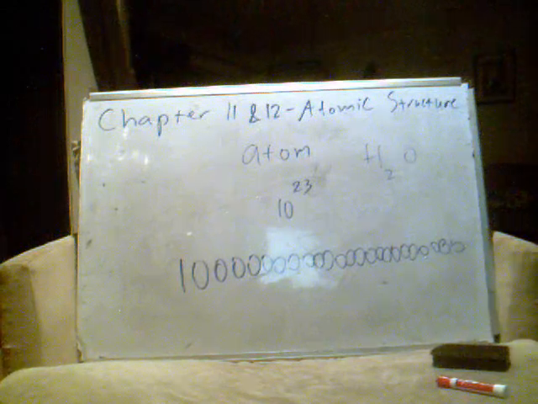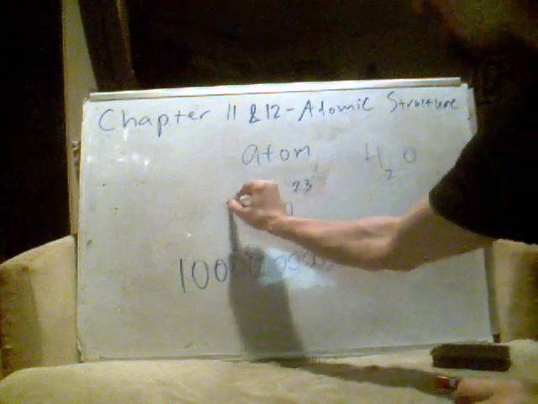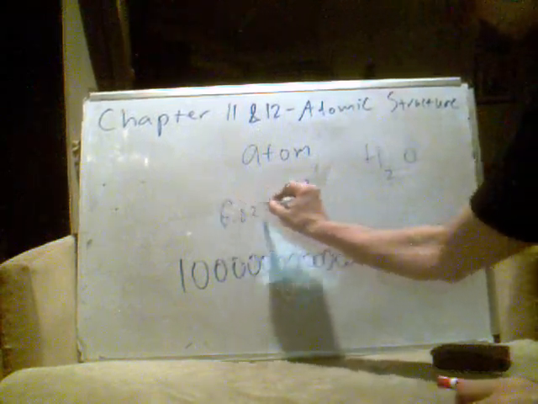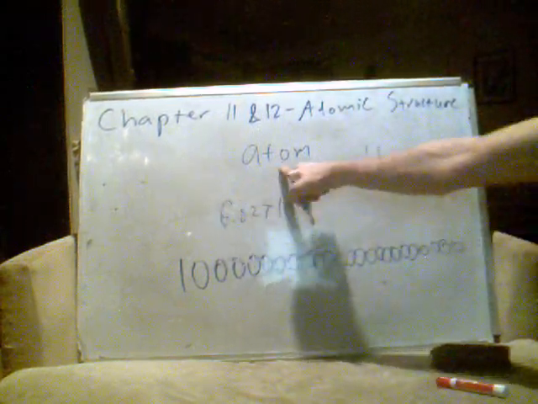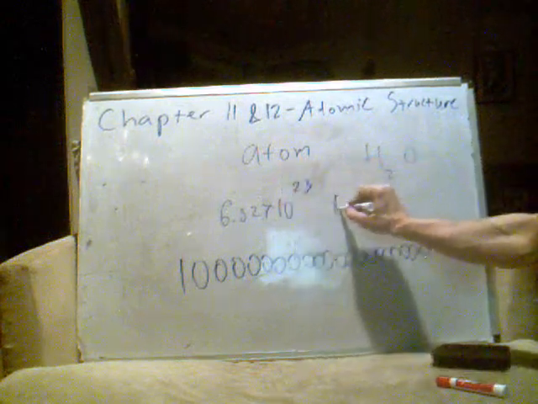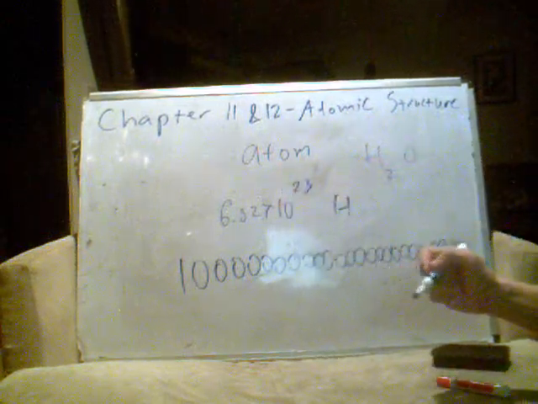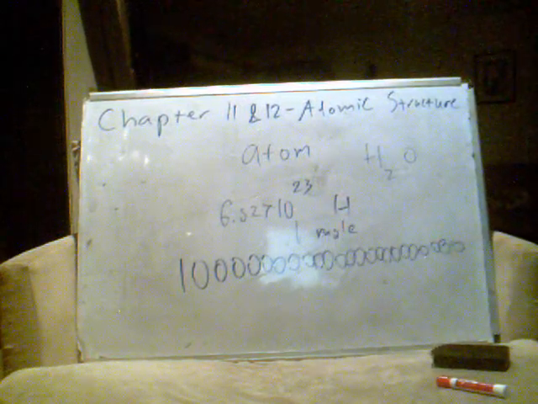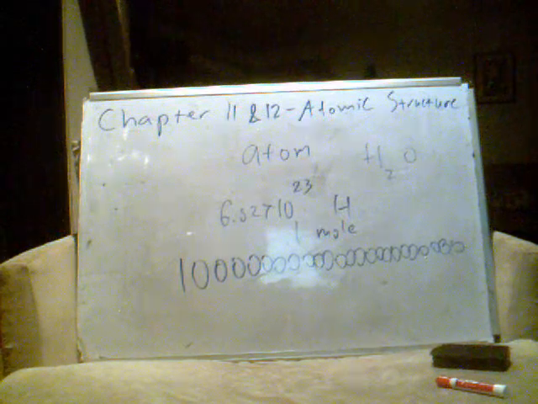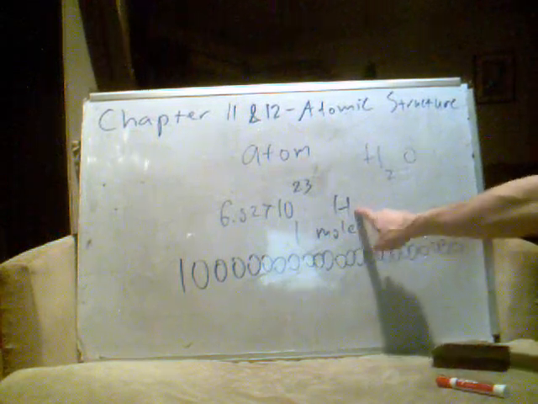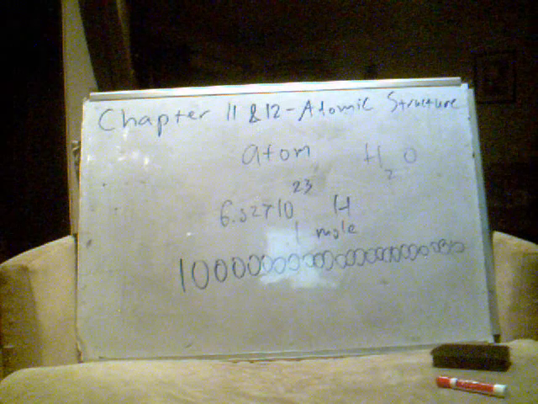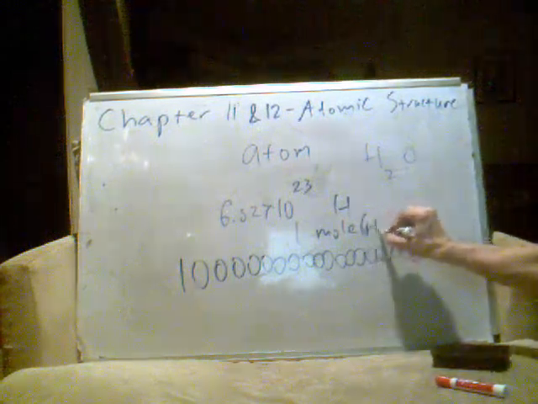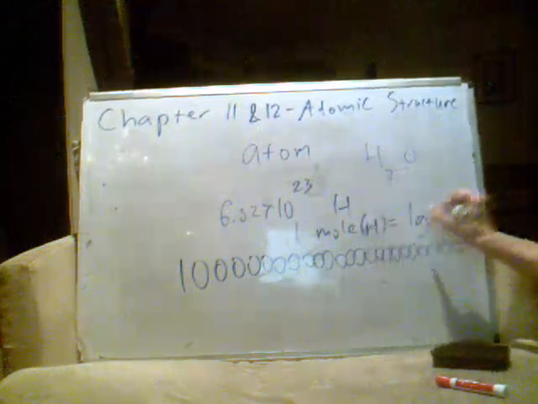But if you had 6.02 times 10 to the 23rd atoms of, say, hydrogen, then you would have 1 mole of hydrogen. Okay? Hydrogen has an atomic mass of 1, so 1 mole of hydrogen has a mass of 1 gram.